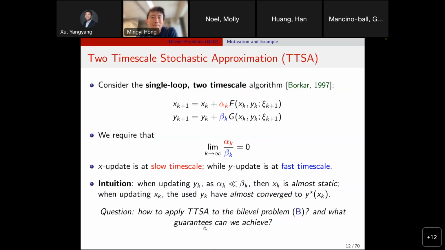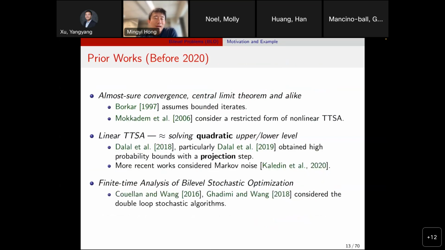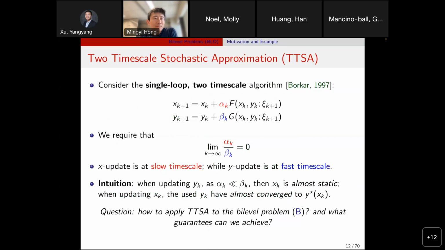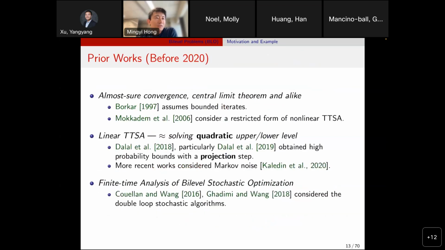All right. So that completes the literature review and application part of it. Although the stochastic system of equations is not really an application, it's very closely related. Now, before 2020, there are a few works on this.